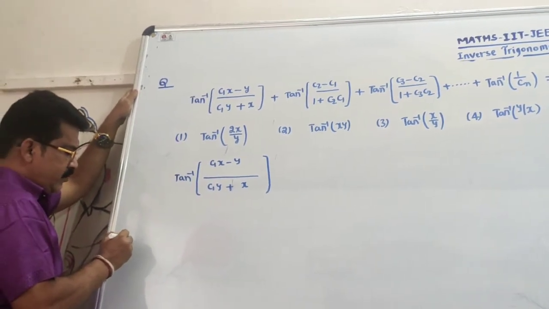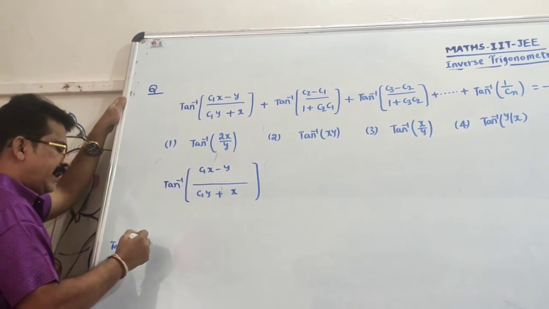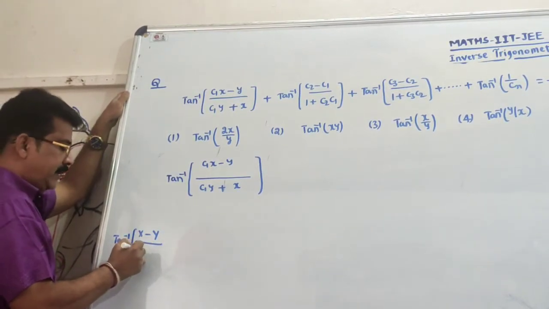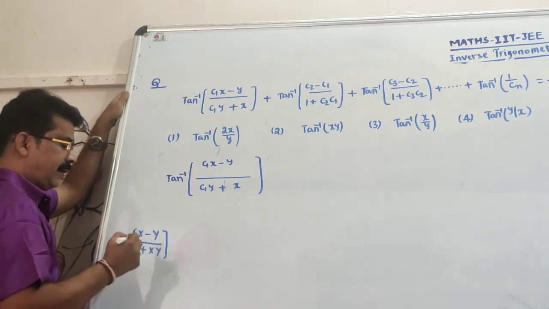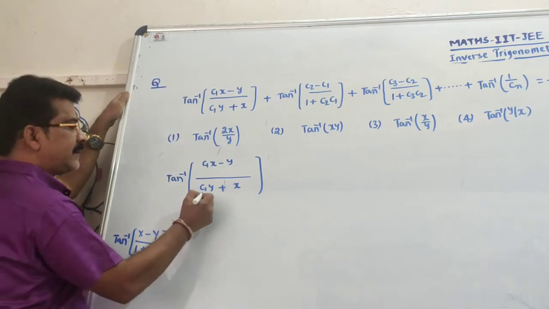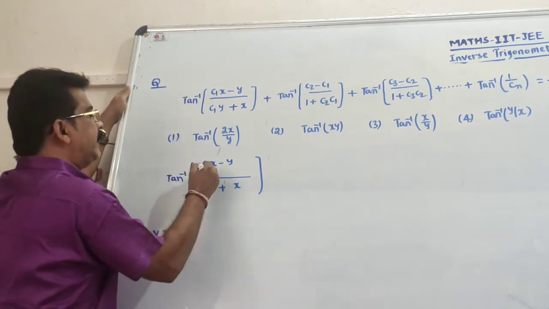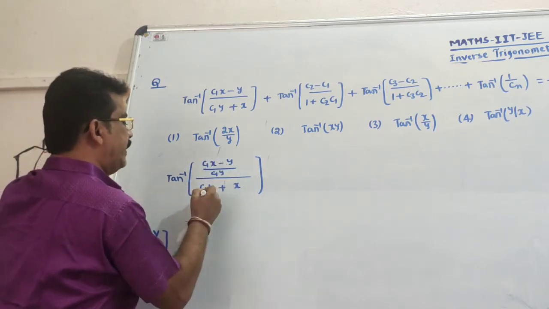So we are trying to obtain the form tan inverse of something x minus something y. If minus is in the numerator, then definitely plus will be in the denominator. That's why we are trying to obtain 1 in this place, for which we divide by C1 y, whole divided by C1 y.